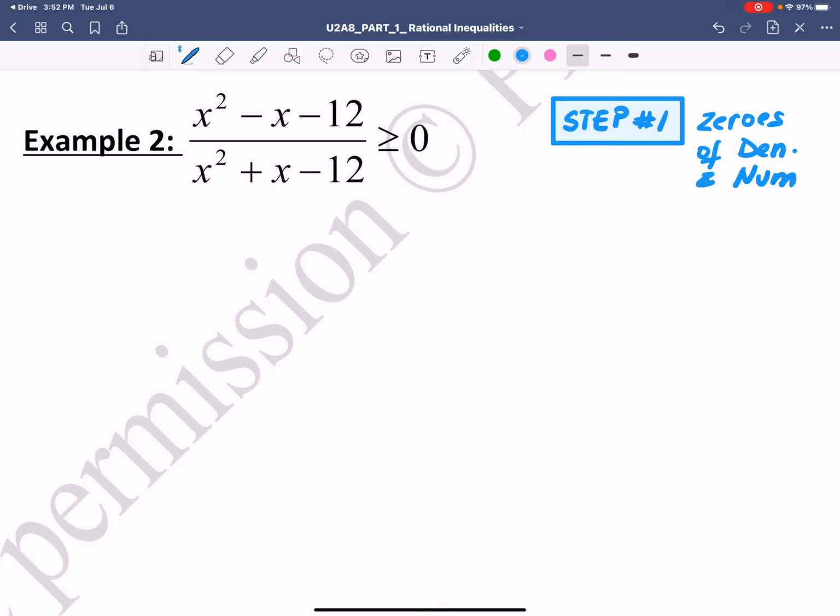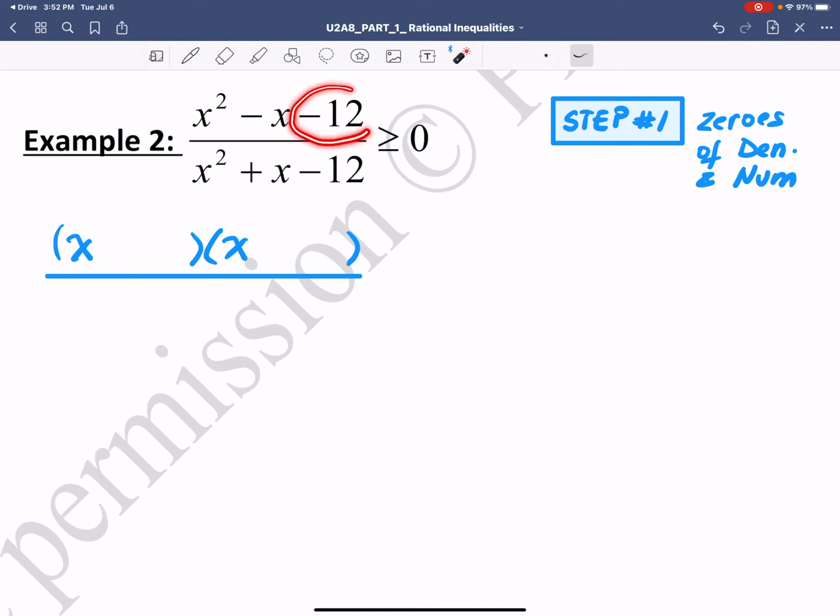So remember that to find the zeros of a quadratic expression, we're going to need to factor, if possible. Not all quadratics are factorable. So two numbers that add to -1 and multiply to -12 would be -4 and +3. And then we have to find the two factors of the denominator.